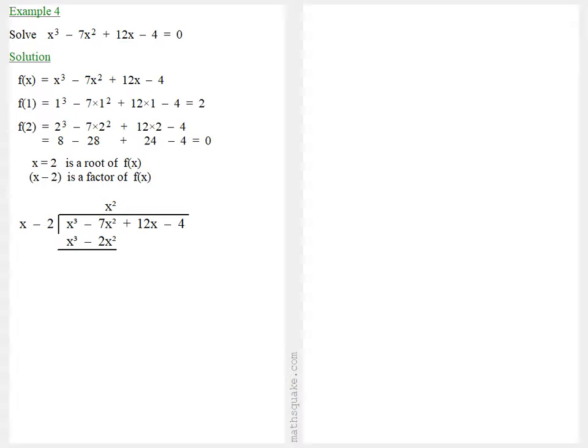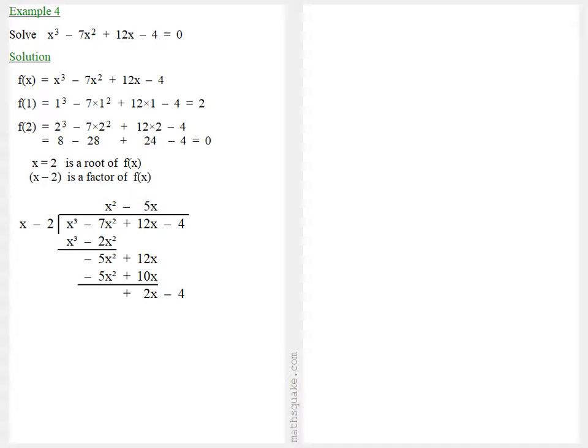If we subtract, that gives us minus 5x squared. And we can bring down the plus 12x. Now we do x into minus 5x squared goes minus 5x. We multiply minus 5x with x minus 2, and that gives us minus 5x squared plus 10x. Now if we subtract, we're left with just 2x.